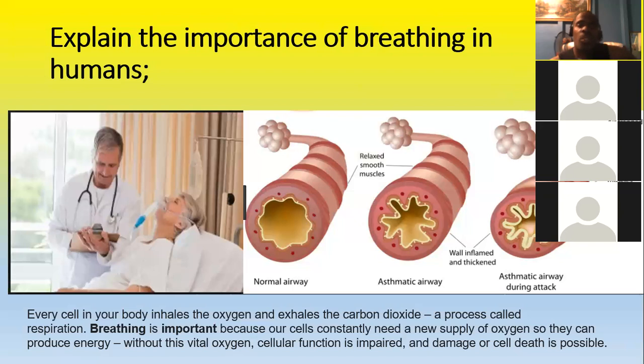The answer is diffusion, folks. If you recognize the statement that you wrote down, it says the cells constantly need a supply of oxygen. Why? Because they're constantly producing energy and constantly using oxygen.